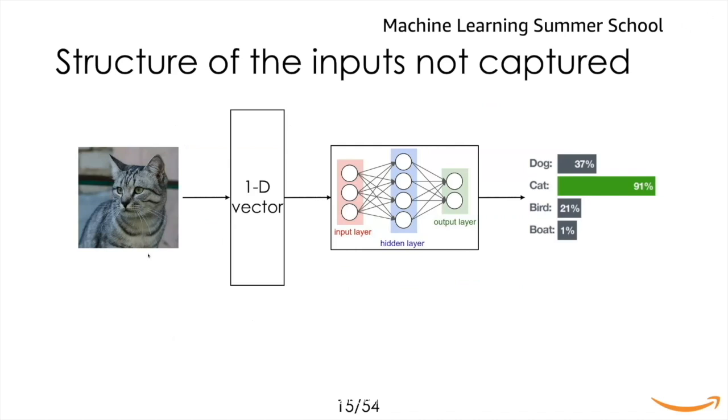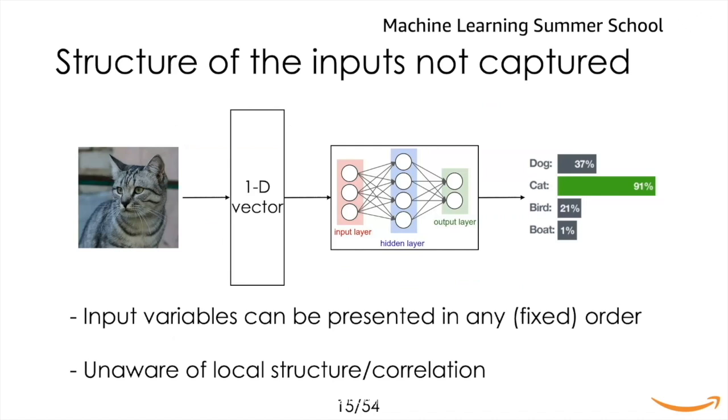An image is a 2D matrix, and to feed it into MLPs, you need to flatten it into a 1D structure, thereby losing all the spatial information. So these are the two problems of using MLPs for images. First, the number of parameters blows up exponentially. Second, we lose spatial information present in the image.